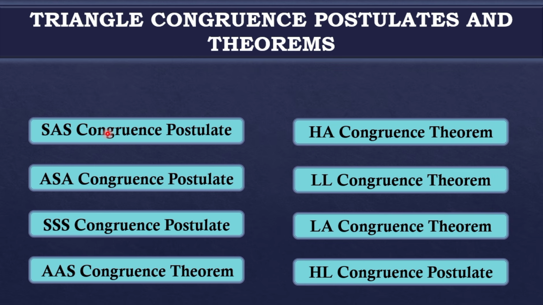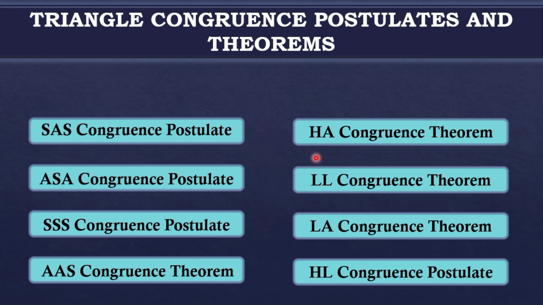So dito, itong mga congruence postulate and theorem na to, we need three corresponding congruent parts to prove that the two triangles are congruent. Pwedeng dalawang side, isang angle, dalawang angle, isang side, and so on.